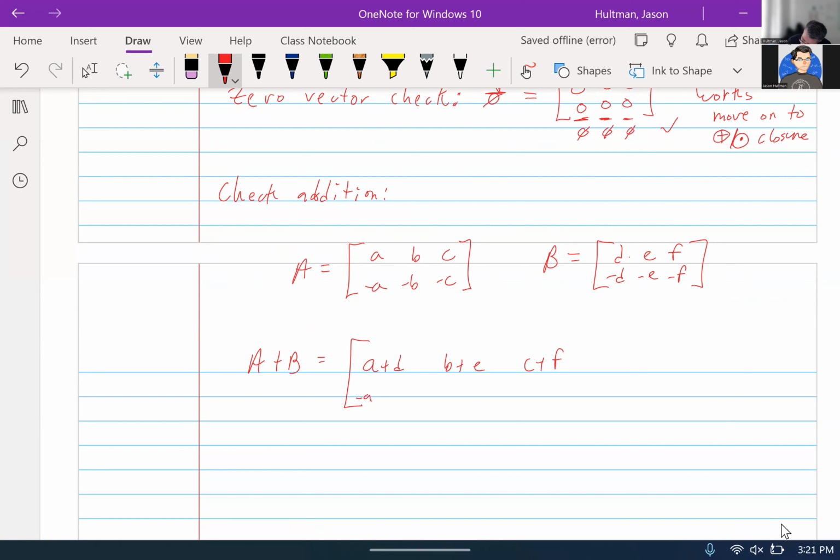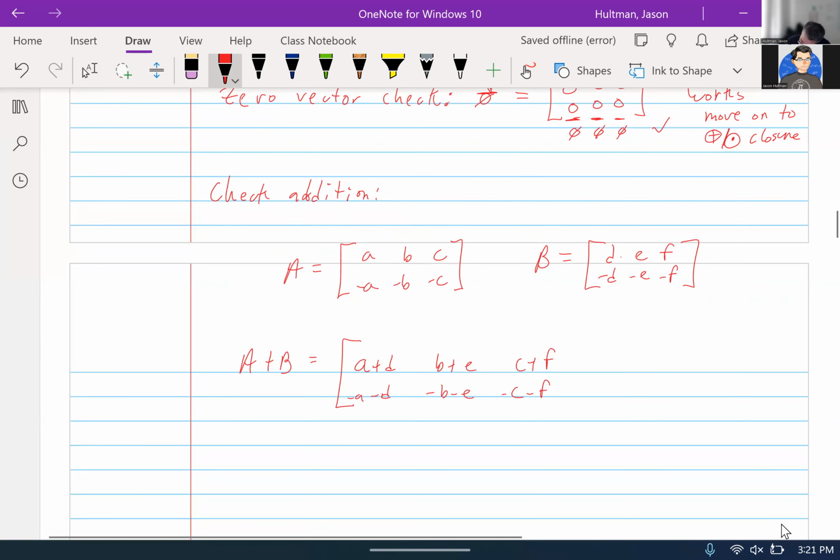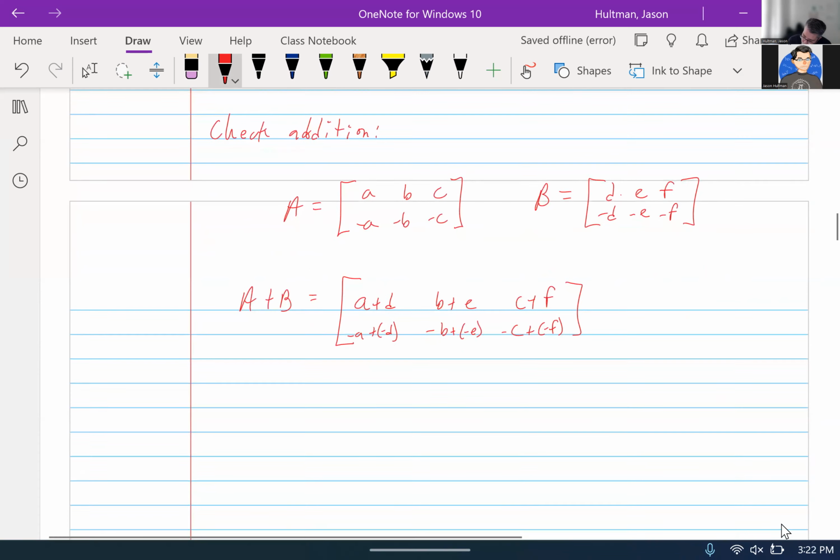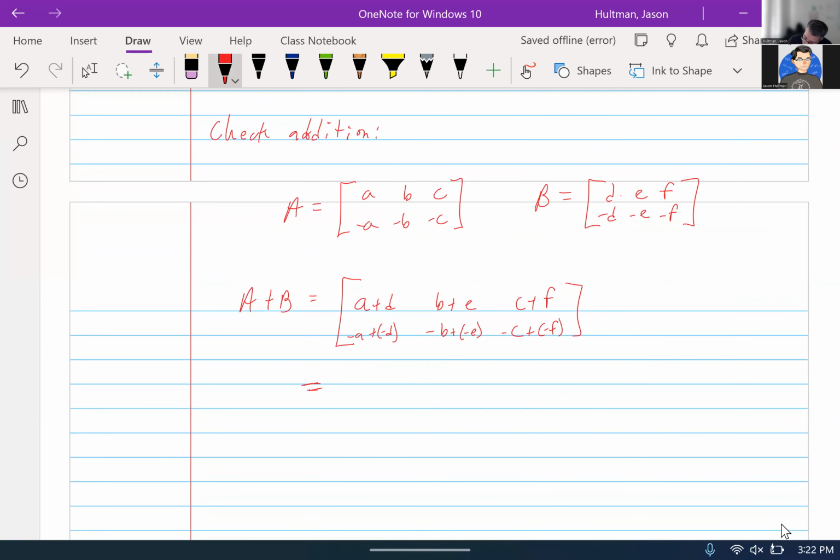Negative a plus negative d, negative b plus negative e, and negative c plus negative f.